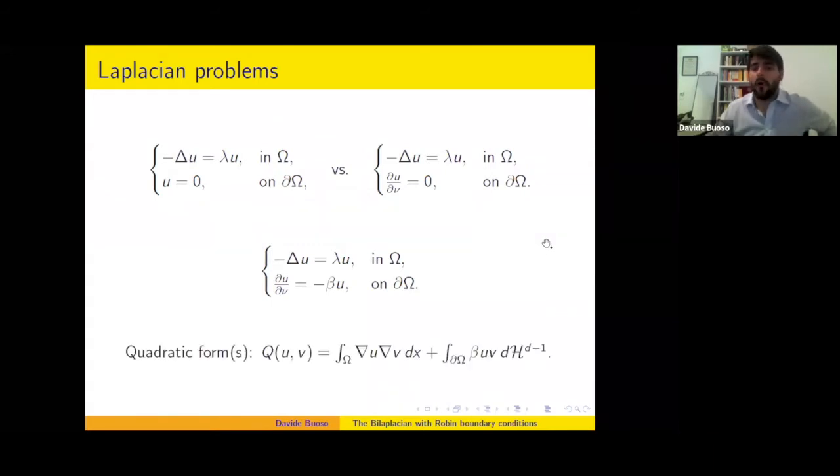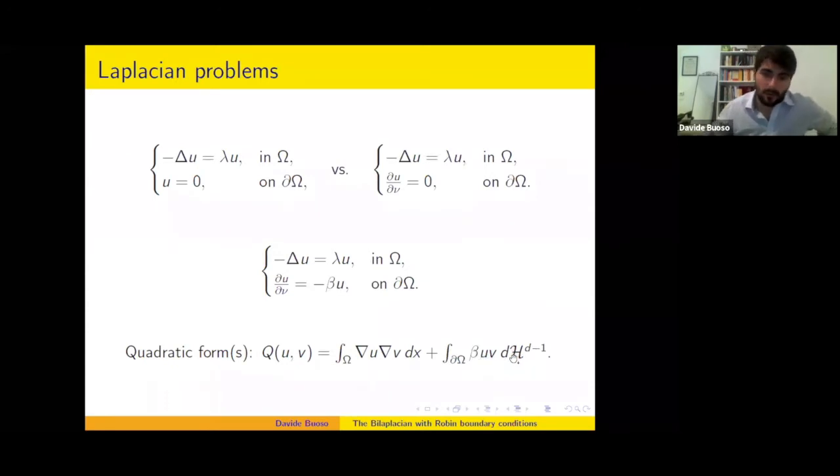Now, the quadratic form or quadratic forms associated with these problems are all more or less of this form here. So in the Dirichlet case, the problem is set in H10, so this term actually disappears. You don't care about this. In the Neumann case, you see that it's just a special case of the Robin problem where beta is identically 0, so this term again disappears.